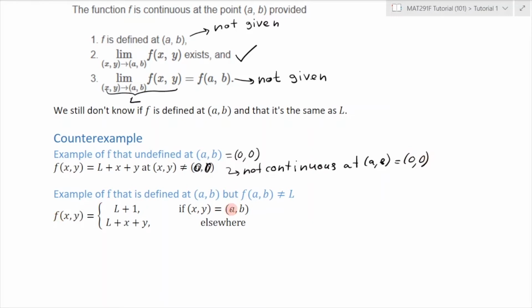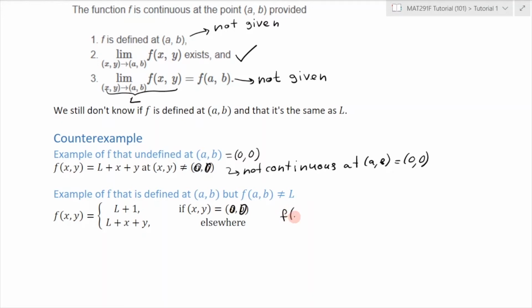Same idea here, again (0, 0). But now f is defined at the point (0, 0), but the limit is different. So here the value would be L plus 1.